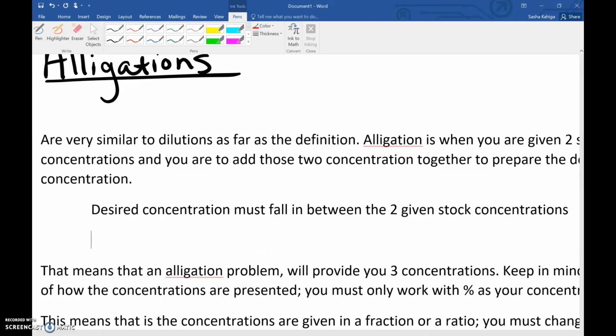Let's just say that the three concentrations given are 10%, 5%, and they want you to prepare a 2%.